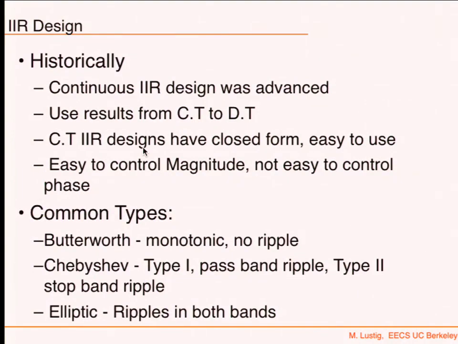And then there's the elliptic filter, which has ripple in both the passband and stopband. When you talk about ripple, that means it effectively has zeros in the Laplace transform. But also, if you then translate it to digital filters, it's going to have zeros in the Z transform. So those effectively cause the ripple.